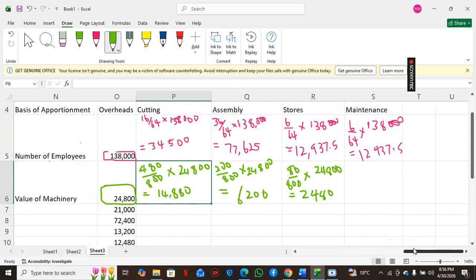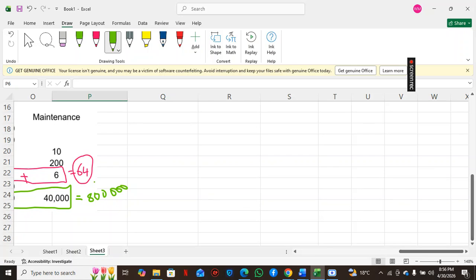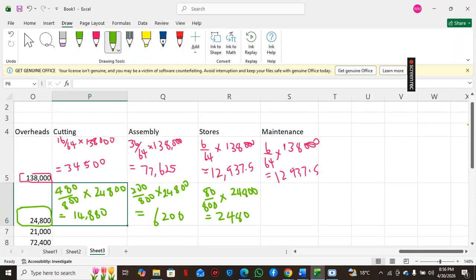Then maintenance, it's 40,000 over 800,000. Any questions?